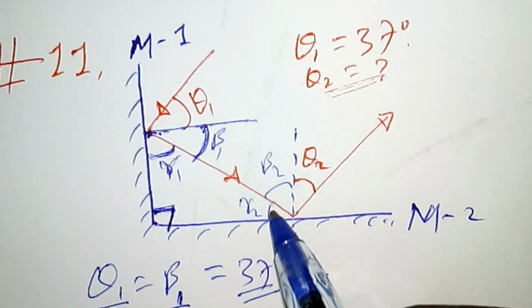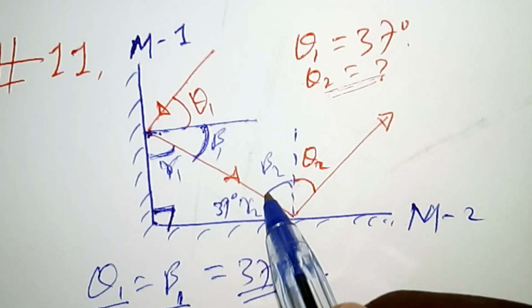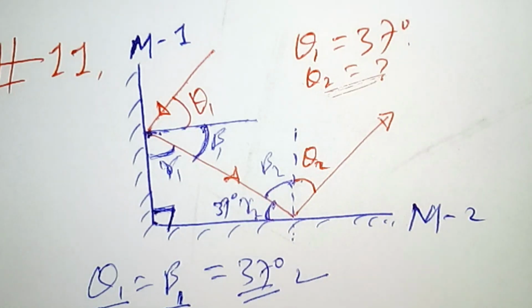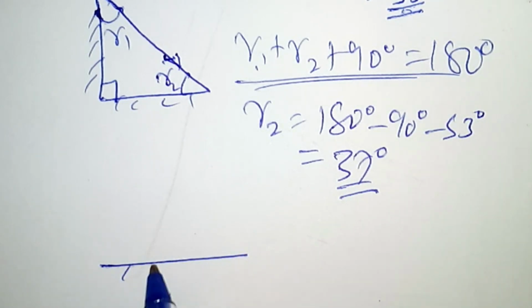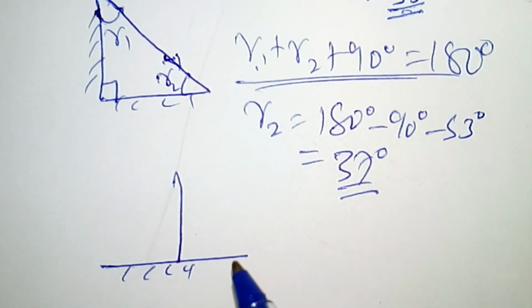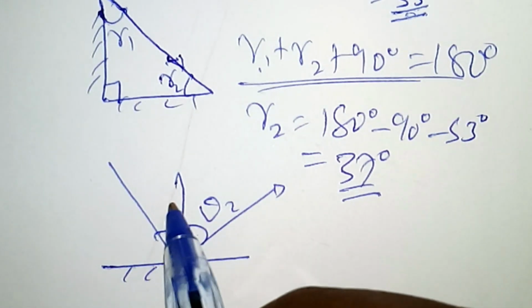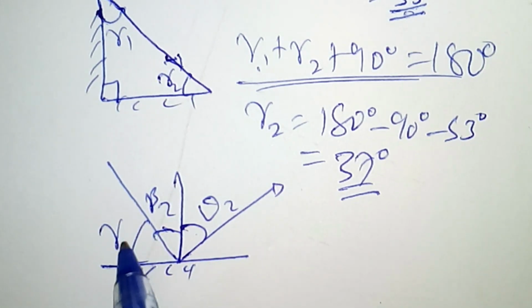So this angle is 37 degrees. Beta 2 plus gamma 2 is equal to 90 degrees. From the surface of mirror 2, if this is mirror 2 and this is the normal, this is theta 2 from the diagram, this is beta 2, and this one is gamma 2.